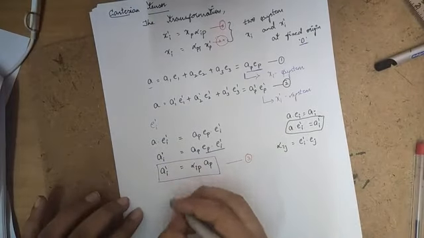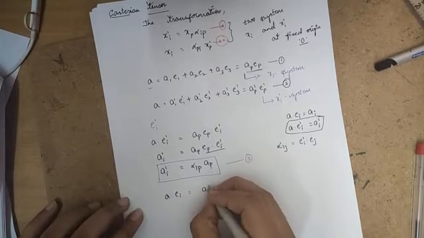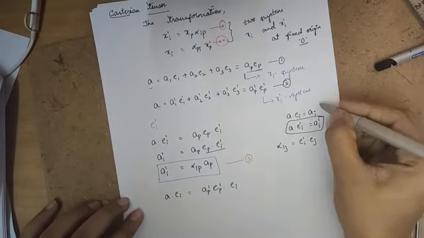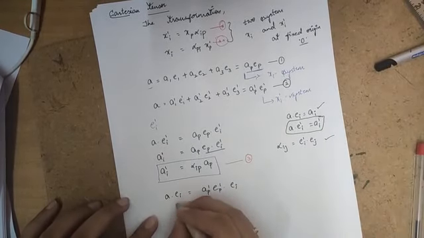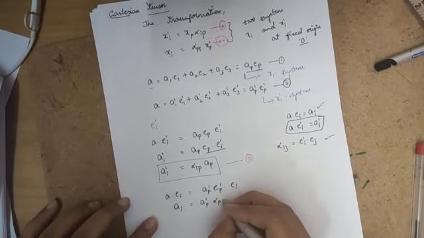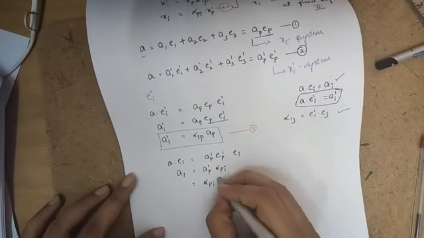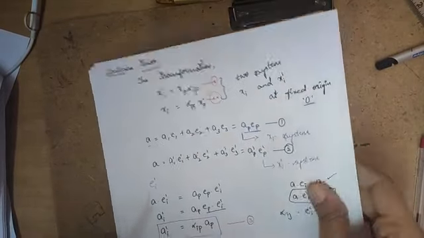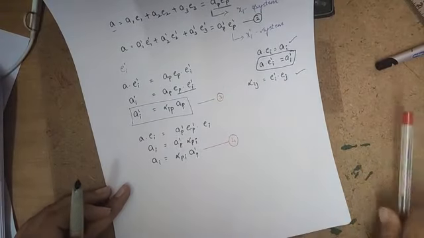So A dot EI is equal to AP prime into EP prime dot EI. Similarly, using this rule, I will get AI is equal to AP prime into alpha PI, or I can rewrite this as alpha PI into AP prime is equal to AI. This is my new transformation rule and I will call this equation number 4.